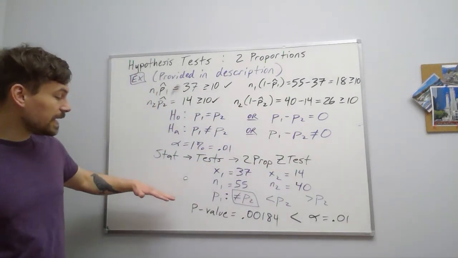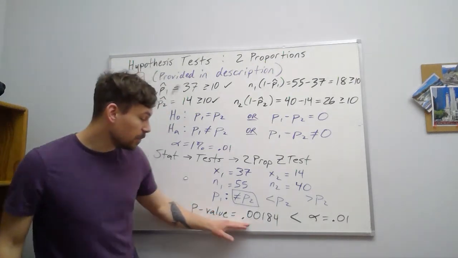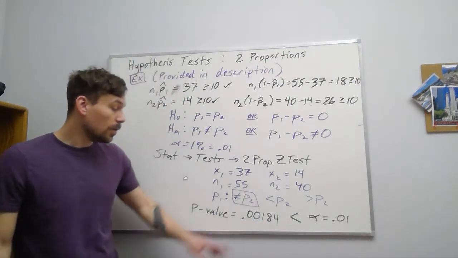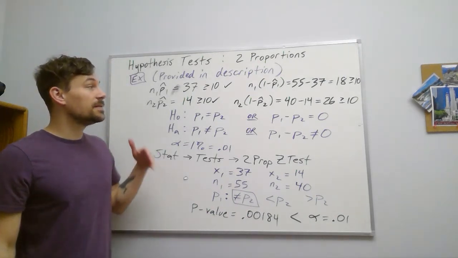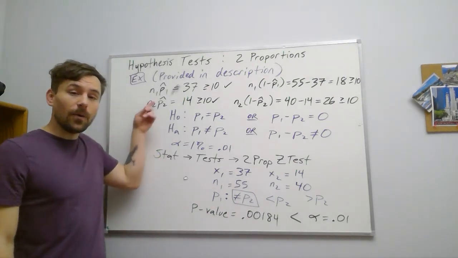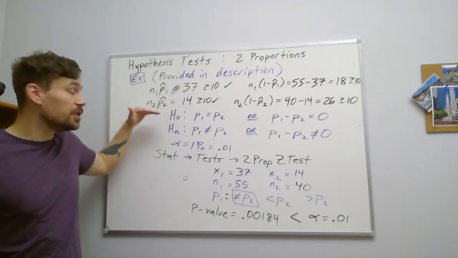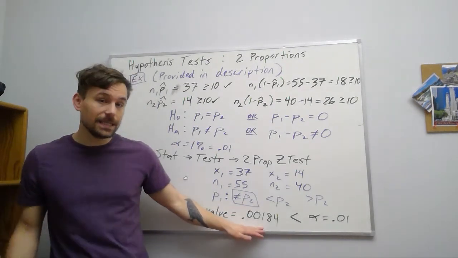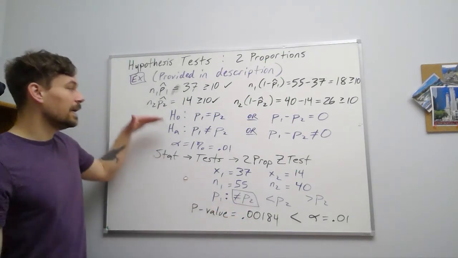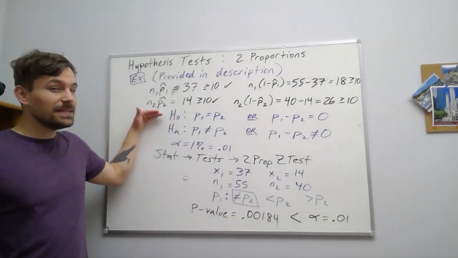So what we're saying is this 0.00184, or 0.184%, is the likelihood of getting sample results like ours if the null is true. That's very, very unlikely to occur, meaning maybe the null isn't true.